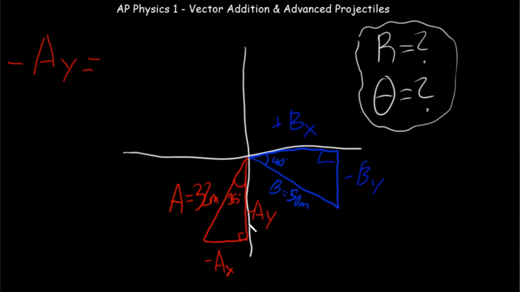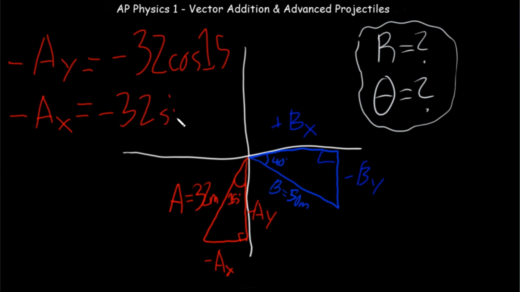So A of y is our adjacent, actually. Sorry, I said opposite, I think. So you'd want to do negative 32 cosine 15. And A of x is our opposite because it's opposite of our angle: negative 32 sine 15.